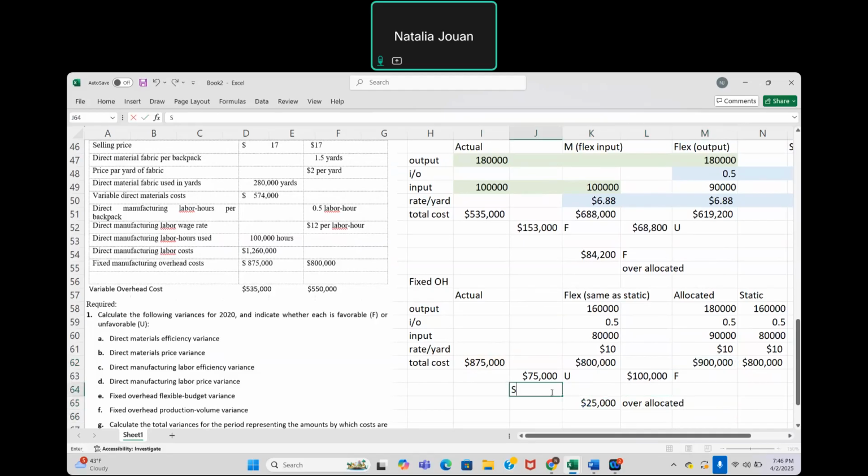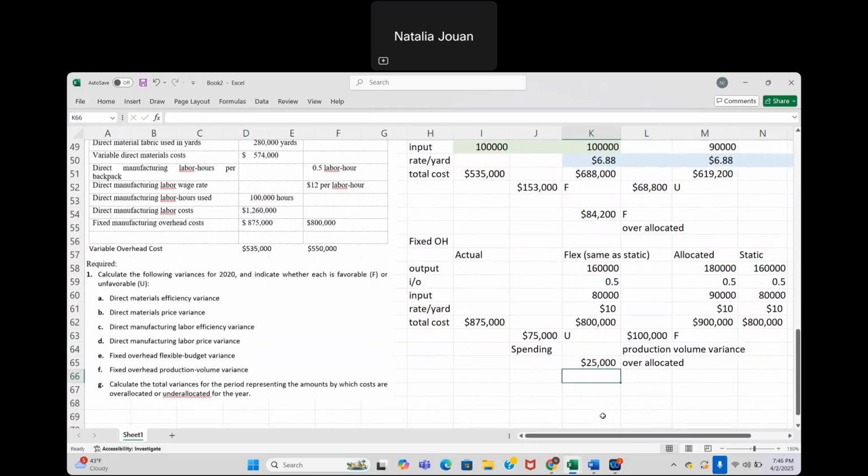So this is spending. This one is production volume variance. And let's sum it up. We have variable overhead and fixed overhead. Variable overhead turned out to be 84,200 over allocated.